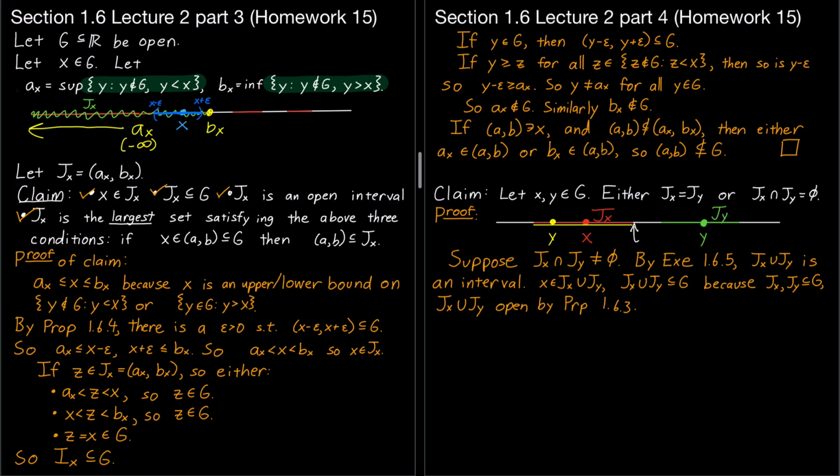It has x in it, it's an open interval, it's contained in G, and so we have that Jx union Jy is contained in Jx, so in particular Jy is contained in Jx. And then similarly, Jx is contained in Jy, so Jx equals Jy. And that completes our proof of this claim.